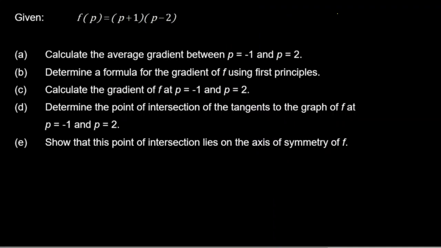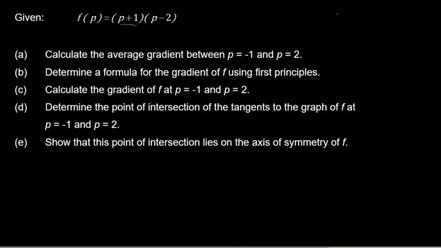How about this one? This one's interesting, just because of the use of b. Well, first things first, calculate the average gradient between where b is equal to -1 and b is equal to 2. Okay, so we need to find the requisite y values for these, and as we can see, this is the intercept form.